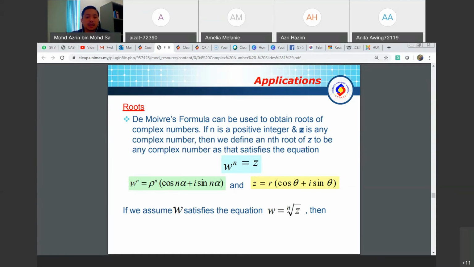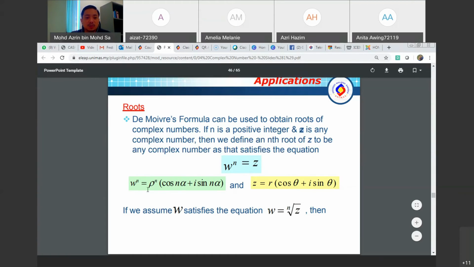So w power of n equal to rho power of n cos n theta plus I sin n theta. And we know that z is r cos theta plus I sin theta in terms of polar form. Ni polar form, polar form for complex number.